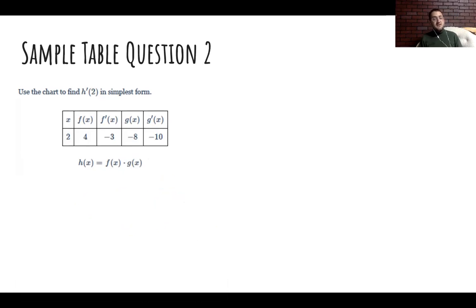For this one, this is the product rule going on. So I like to actually write the product rule. I have h prime of x equals f prime of x times g of x plus f of x times g prime of x.